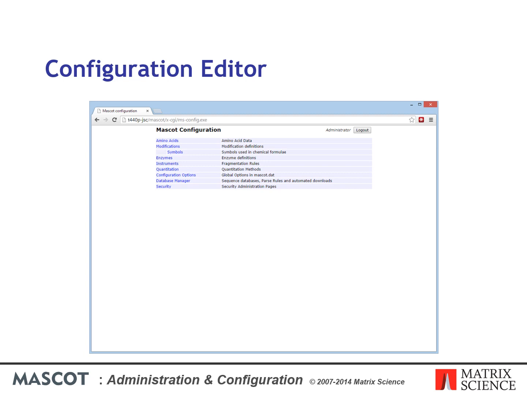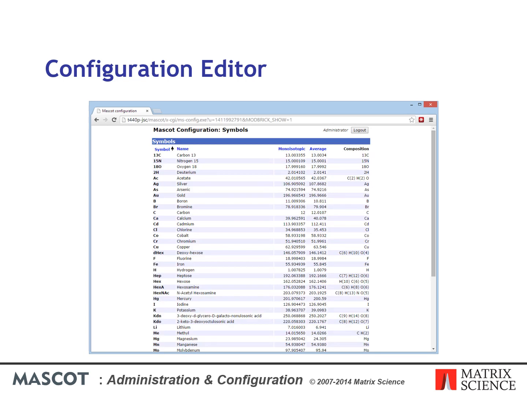You can edit these files in a text editor, but it is easier and safer to use the browser-based configuration editor. The first 4 entries are interfaces to different sections of unimod.xml. You may need to add or edit an element or an amino acid, but it's fairly unlikely.